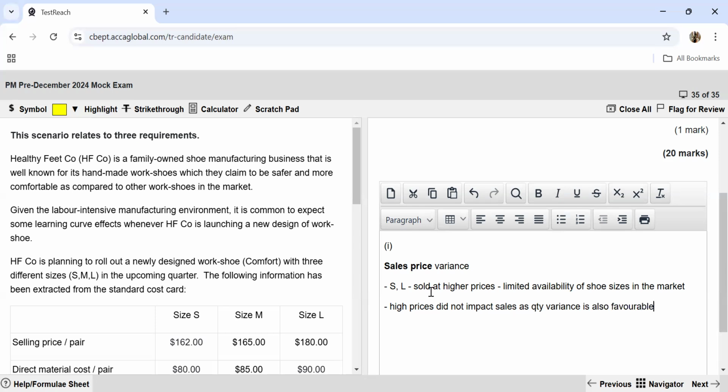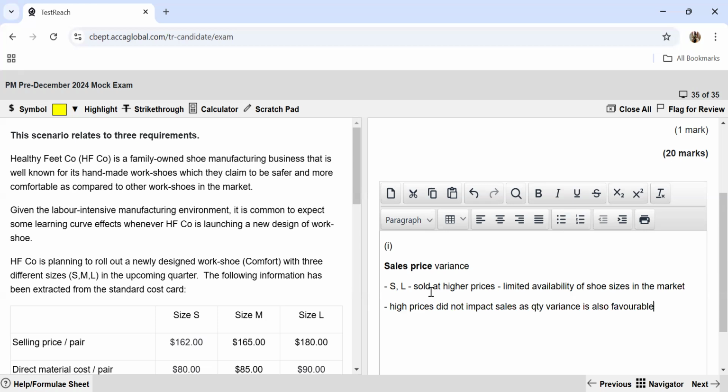Another thing that you can add over here is that the medium size, you have the adverse variance, which means that lower standard pricing policy was applied. This could be explained by the stiff market competition for such a common size. See, medium is the most common size usually that you will observe in any population.